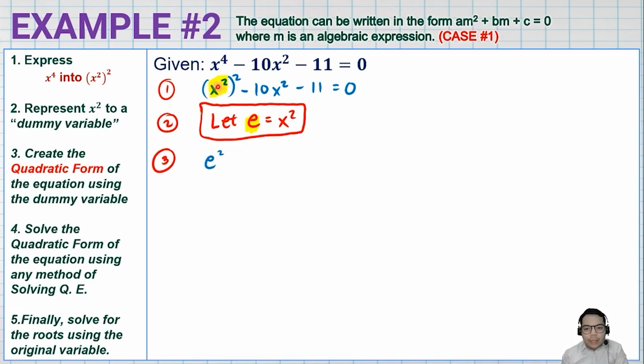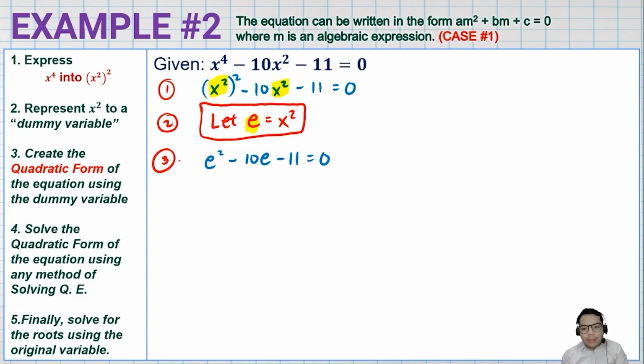Kasi nga 'di ba, x squared palitan ng E, pero may square ka pa dito kaya siya E squared. Minus, mali, hindi 10 muna. So, 10, then x squared. May x squared tayo dyan, so papalitan natin siya ngayon ng E. Yan. Minus 11 is equal to 0. So, copyin lang natin si minus 11 is equal to 0.